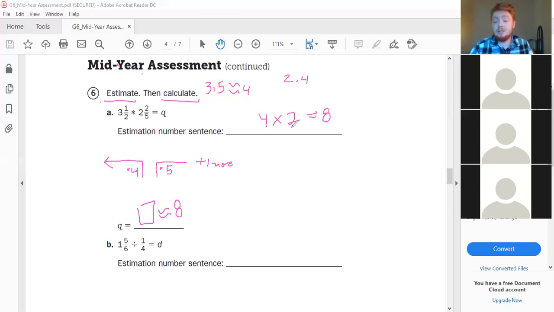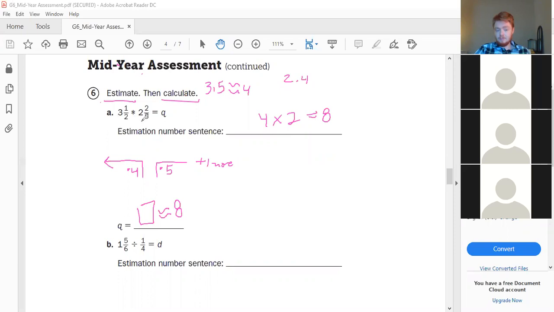What answer did you guys get when you used a calculator? Somebody. I just wanted to say that I don't know how to estimate. Okay, I can go over that again because I have to do it for the second one anyways. But does anybody else have a calculator and you can put this in your calculator real quick? It doesn't work.